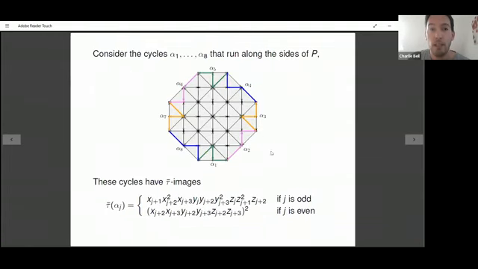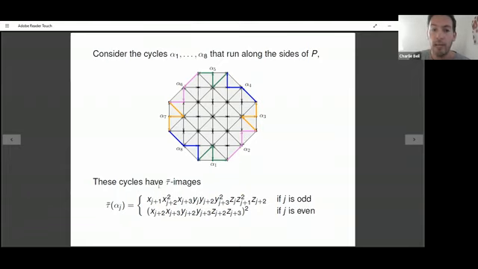And consider the cycles alpha 1 through alpha 8 that run along the sides of P. So here this is alpha 1, this one is alpha 2, this is alpha 3, alpha 4, and so on. And these are cycles because you remember we identify the vertices on the corner of the polygon. So each of these with a different color is a cycle in the quiver.